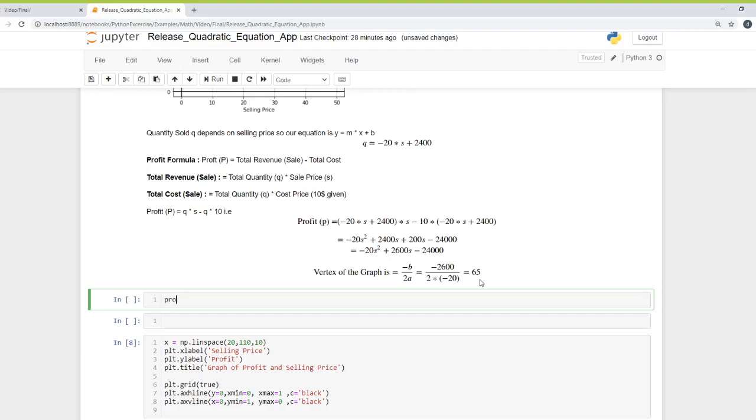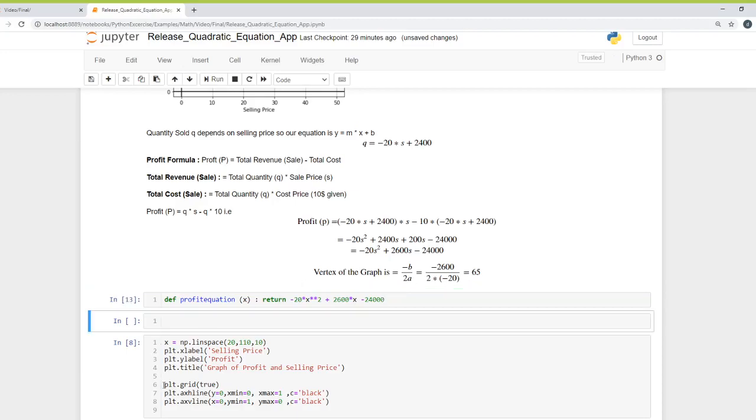Our profit equation takes x and returns minus 20 times x squared plus 2600 times x minus 24,000.